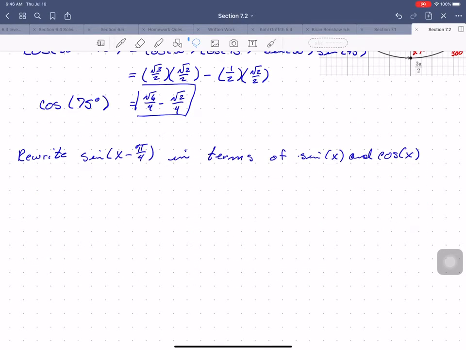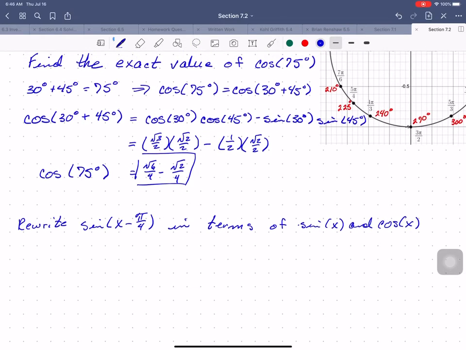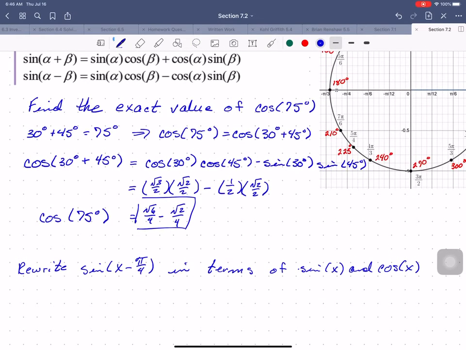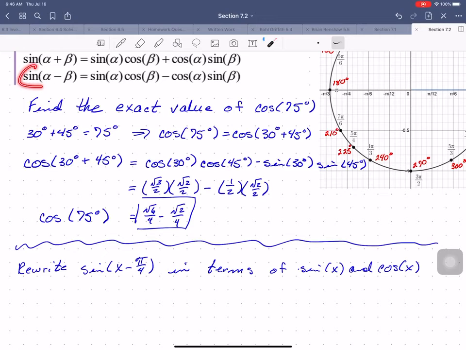And so we're going to do pretty much the same thing, except we're going to use the sine difference angle formula. So we're going to use this one right here.